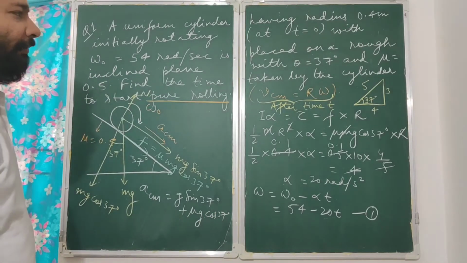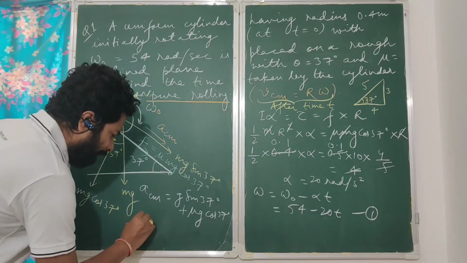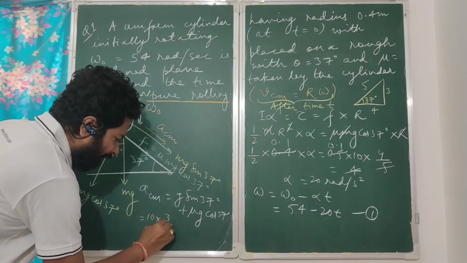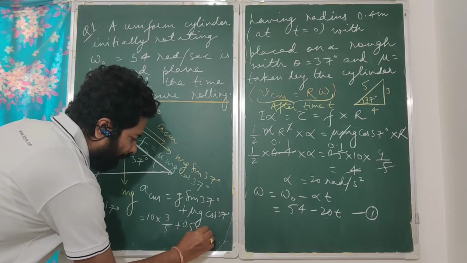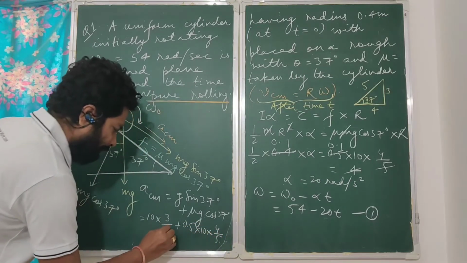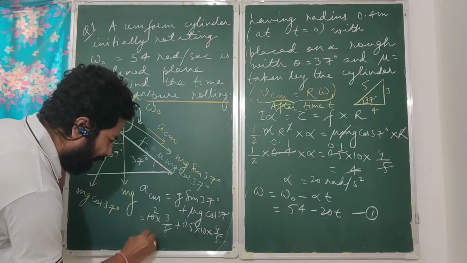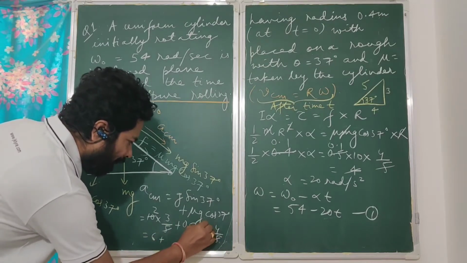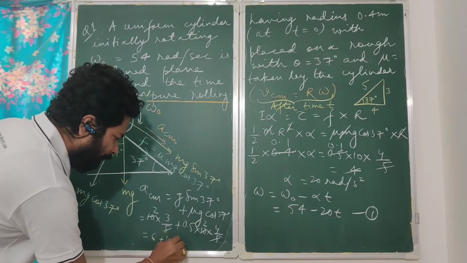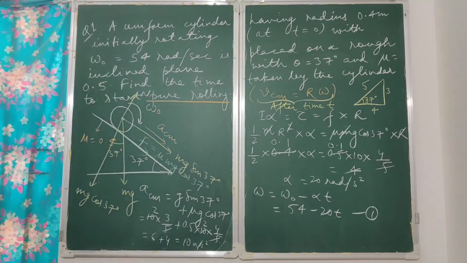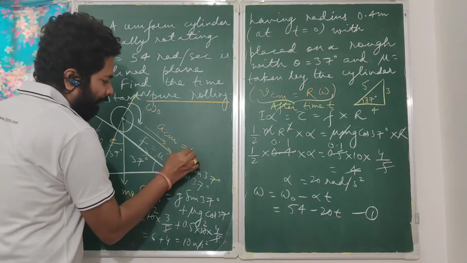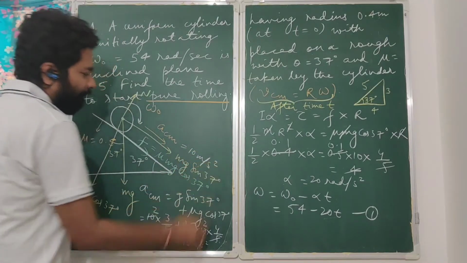So sin 37 is 3 by 5. So we can write it as 10 into 3 by 5 plus 0.5 into 10 into 4 by 5. 5 twos are 10, so 3 twos are 6 plus 5 twos are 4. So this total comes as 10. So acceleration of center of mass, we get it as 10 meter per second square.